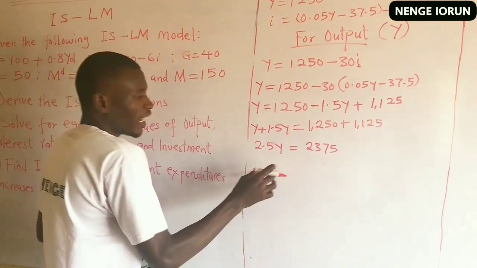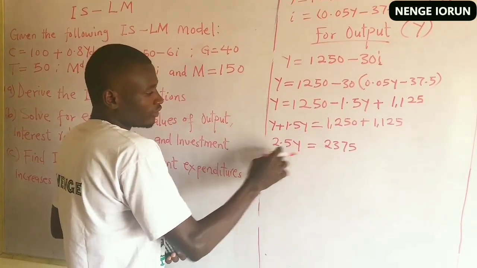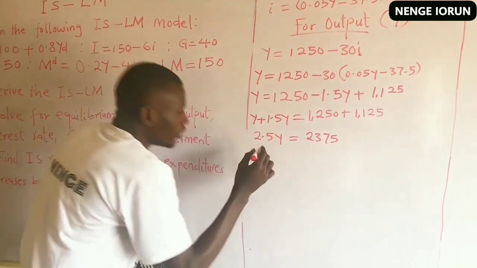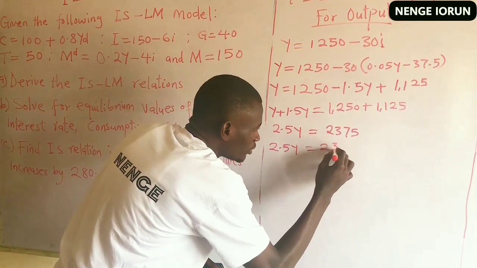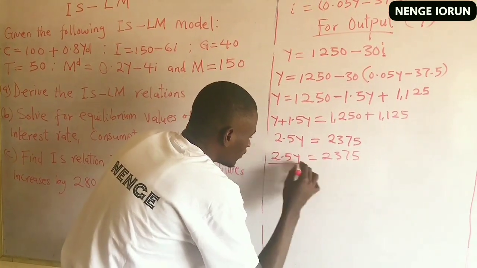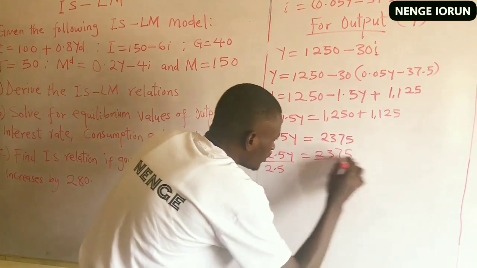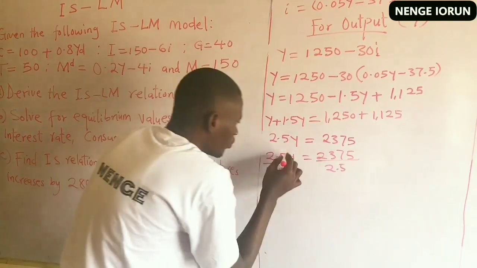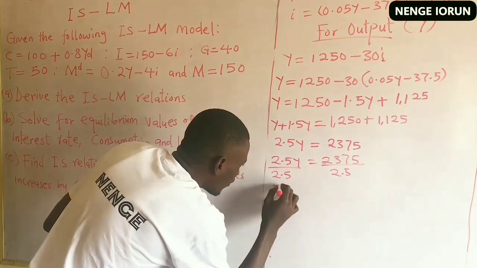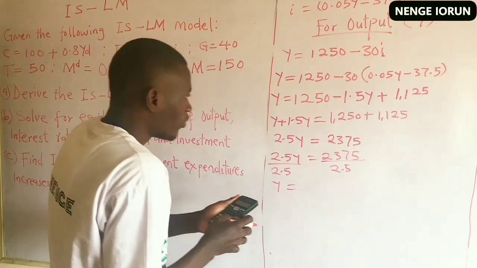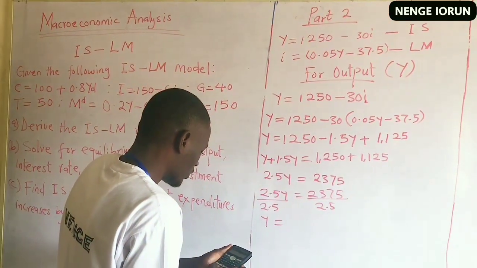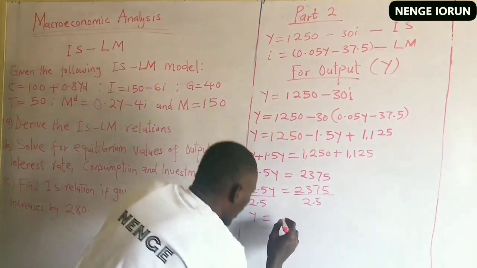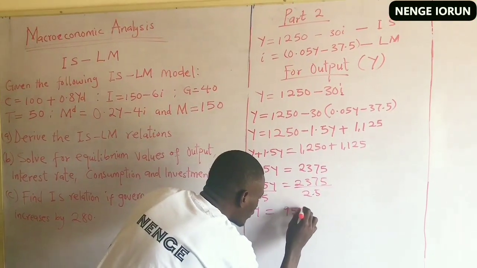Now to find the actual value of Y, we divide both sides by the coefficient of Y, which gives 2.5Y is equal to 2375. Divide by 2.5, divide by 2.5. You cancel 2.5, and you have Y is equal to 2375 divided by 2.5, which is 950.